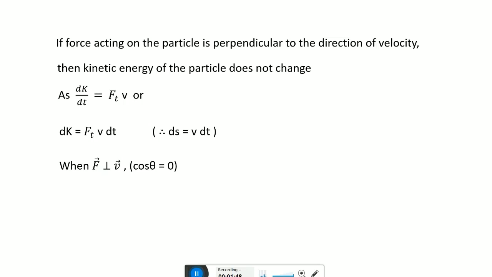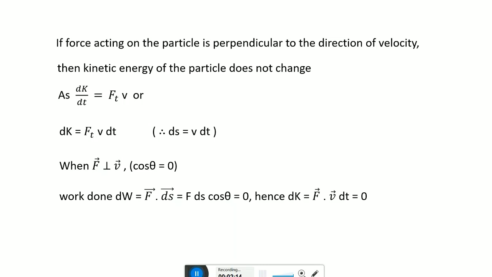When F is perpendicular to v, then the angle between them is 90 degrees and cos 90 is 0, meaning cos theta is equal to 0.